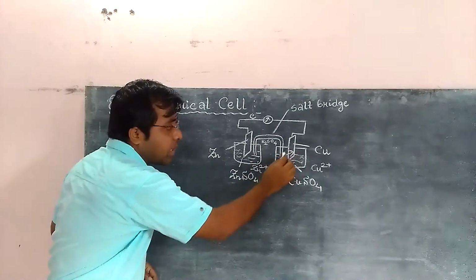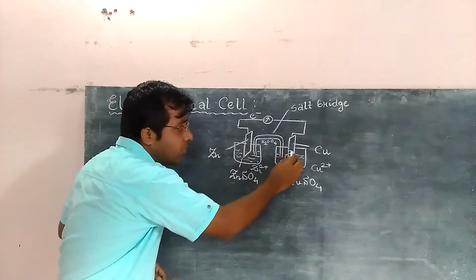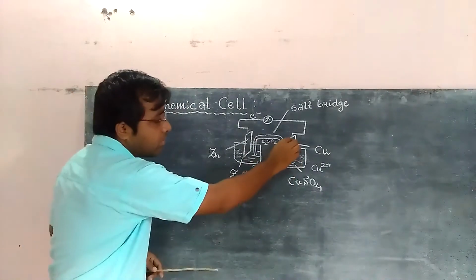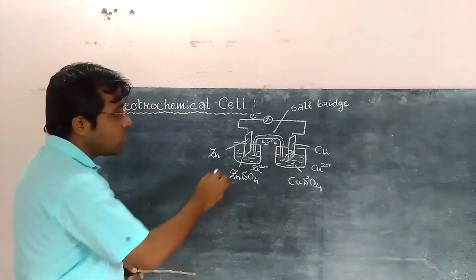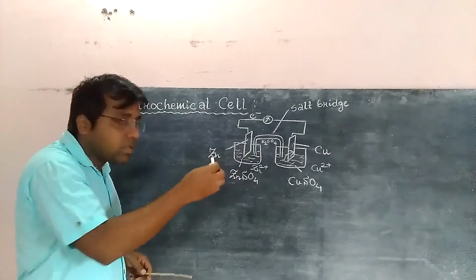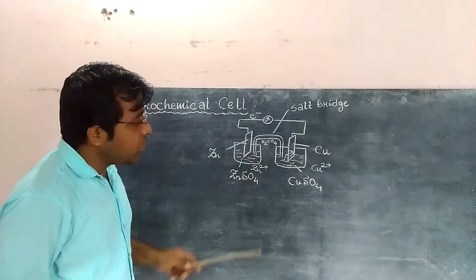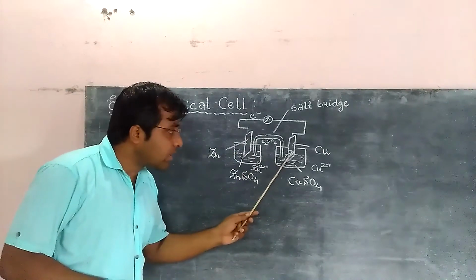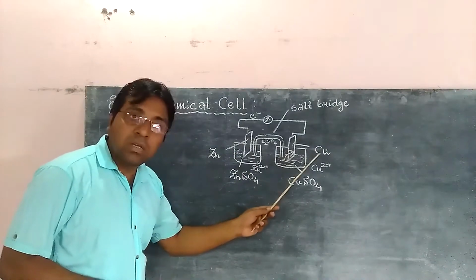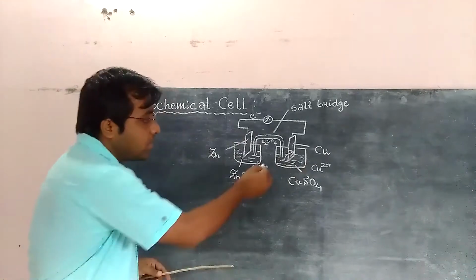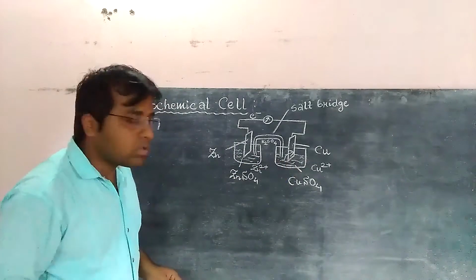Slowly, all copper ions will gain the electron and get deposited at the copper electrode. And here zinc loses the electron and becomes Zn2+. So this copper ion will get deposited here and become Cu, and this solution will become dilute.